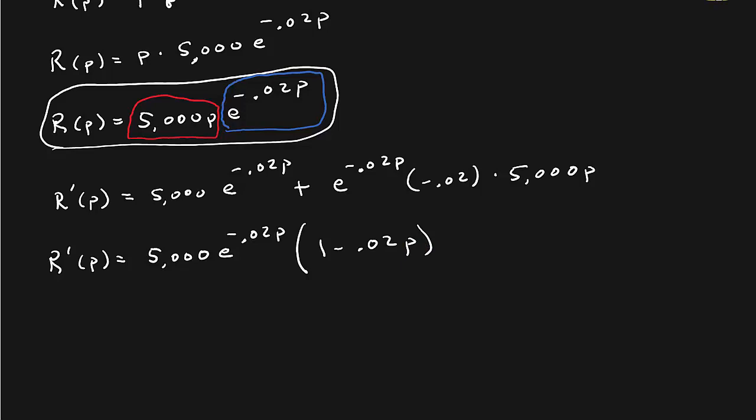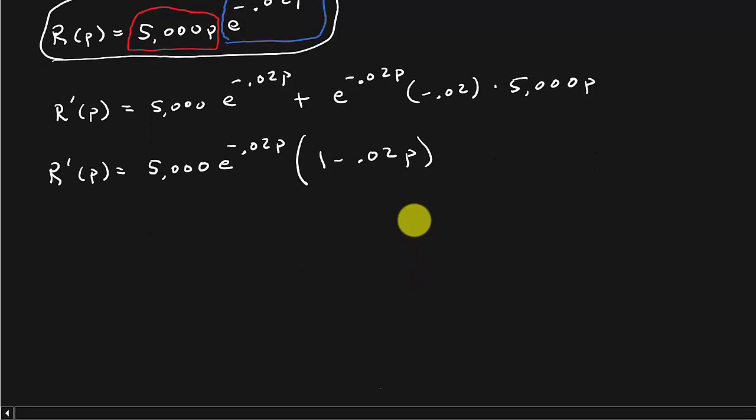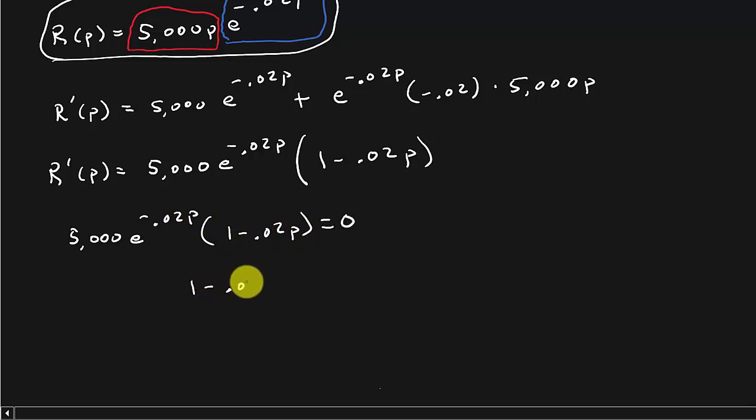All right, so now we've got to set this equal to 0. So I've got 5,000 e to the negative 0.02p times 1 minus 0.02p equals 0. So I've got 1 minus 0.02p equals 0. So that's negative 0.02p equals negative 1. So p is equal to 50.